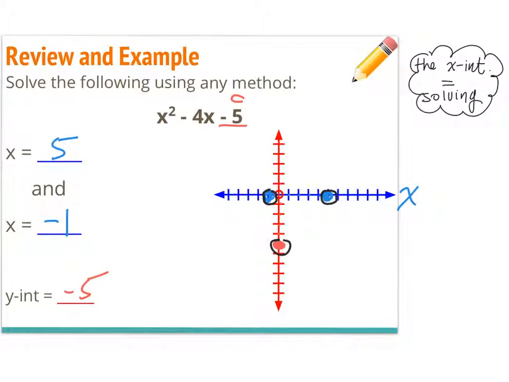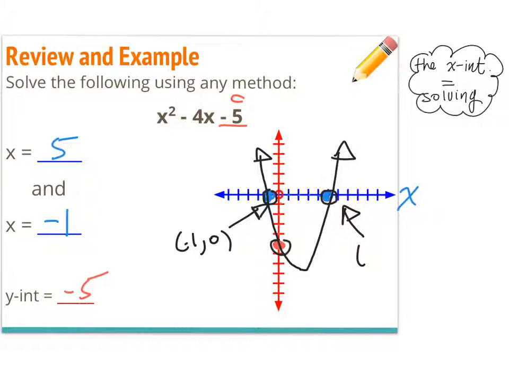So let's come back to this. Now if I want to graph this, it's going to look something like this, where the x-intercept right there is going to be negative 1, 0. This x-intercept is going to be 5, 0. That's how that works.